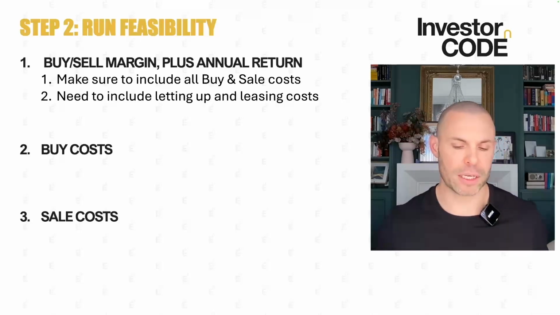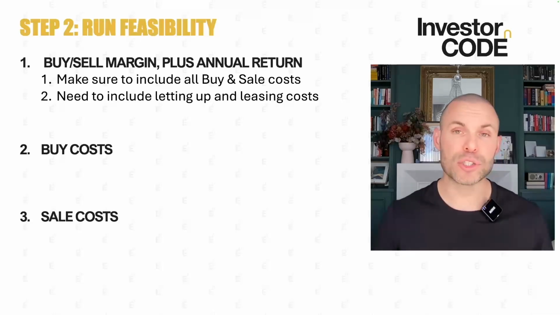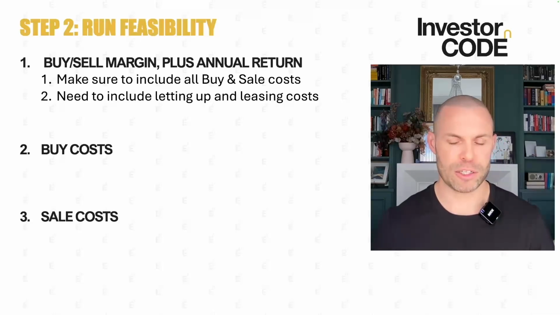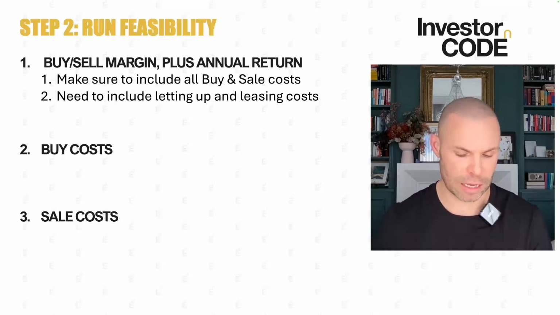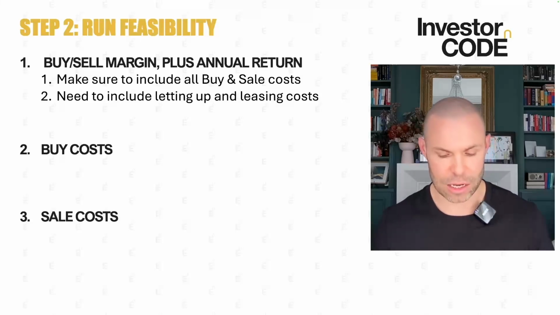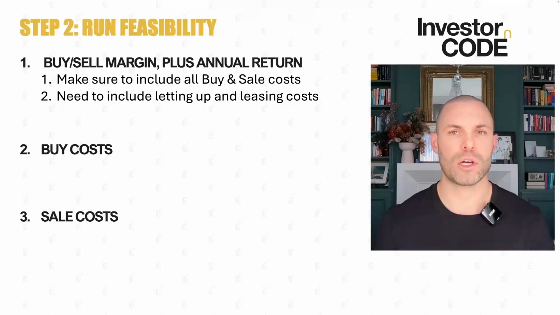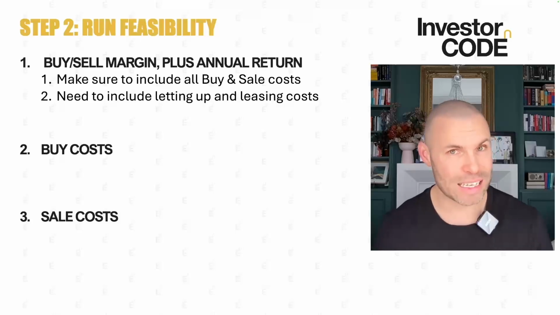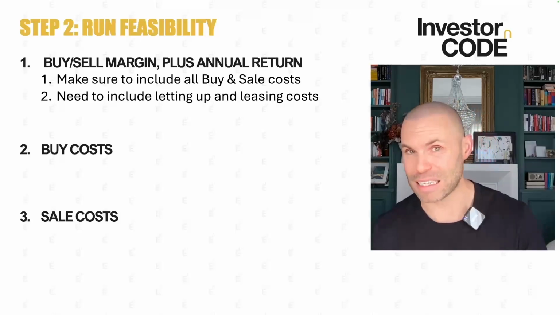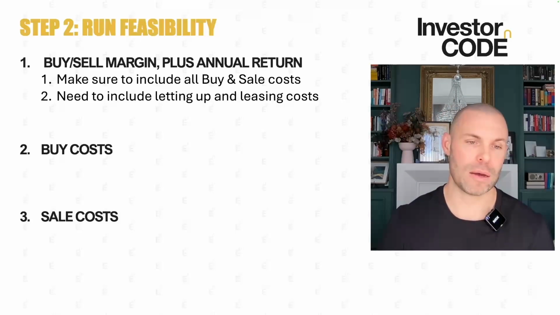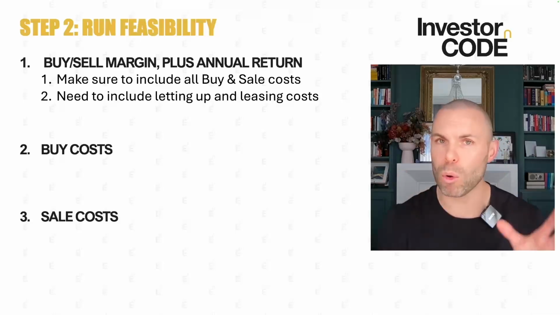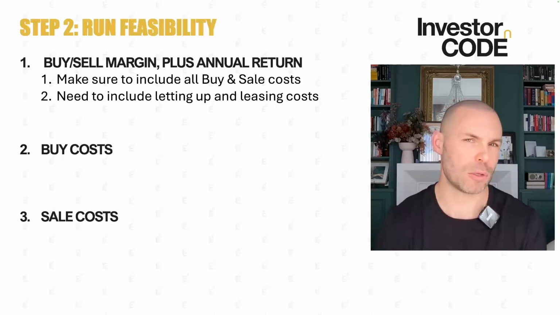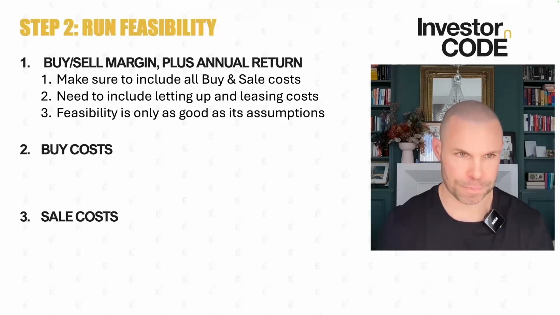Now, if you're buying a commercial asset, the assumption here is that you're buying it to enjoy rental income or otherwise put a lease in place and sell it with a lease in place, okay? So if that's the case, you need to factor in all the costs it's going to take you to secure that tenant or keep that tenant. I'll go into more detail on the next slide, but you're going to have to take into account all of those costs, okay? And I'll show you what some of those might be on the next slide.